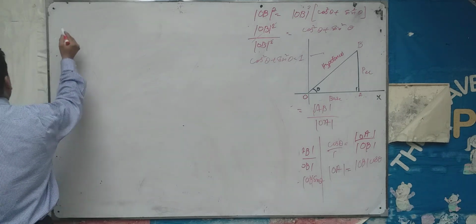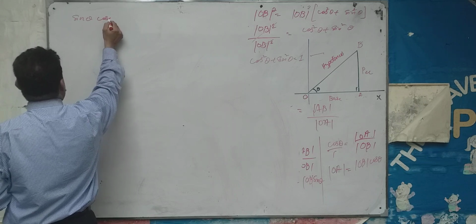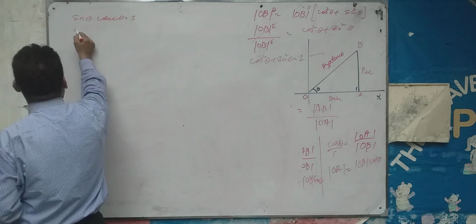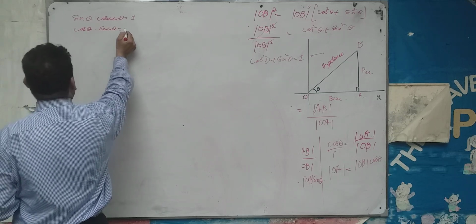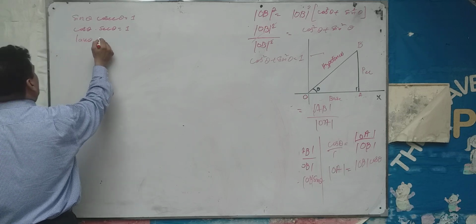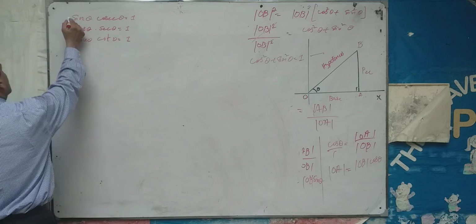Sin theta cosecant theta is equal to 1, cos theta secant theta is equal to 1, tan theta cot theta is equal to 1.